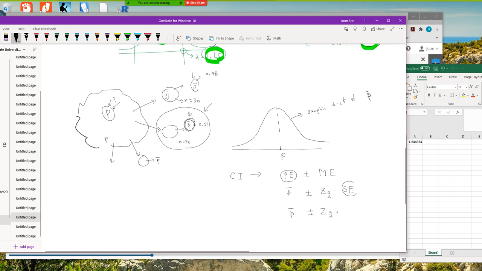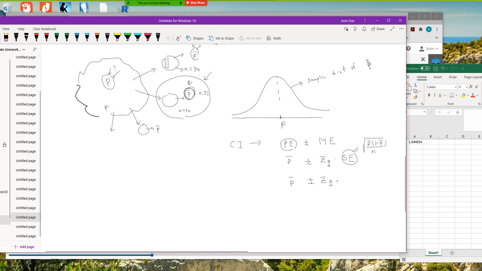The equation for the standard error is basically the root of p bar times 1 minus p bar, divided by n. The exact standard deviation involves n and sigma.